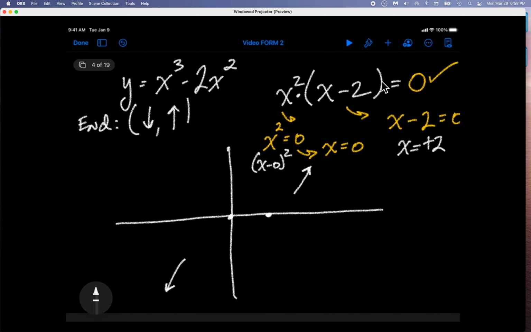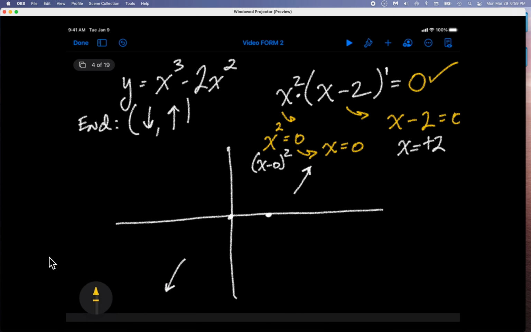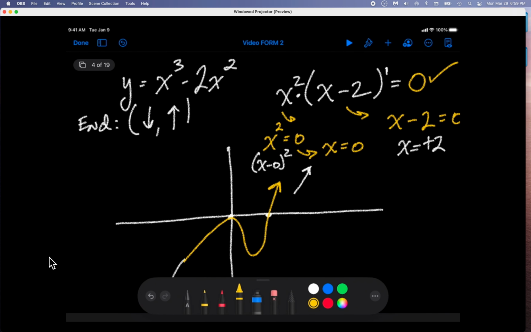When the root is 1 over here, because that's odd, the graph is going to go through the x-axis. So this is what's going to happen. The graph is going to approach x equals 0. It's going to bounce. Then it's going to do something down here, and it's going to go through like that. And that's going to be your graph.